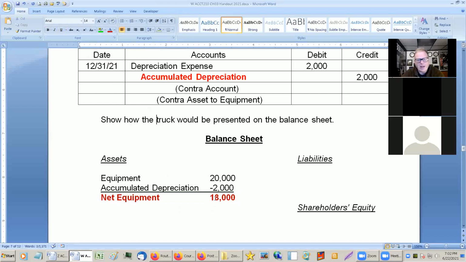So this is what it would actually show as the value of the equipment.